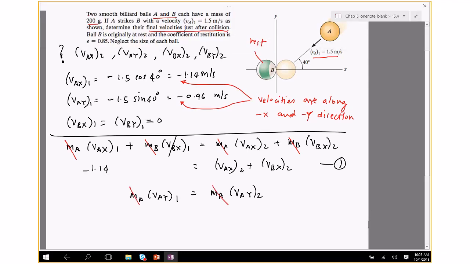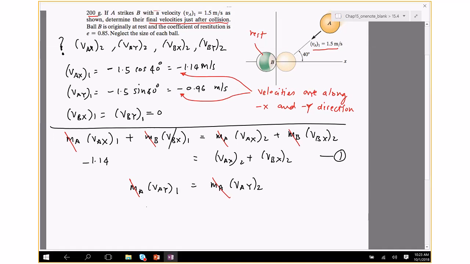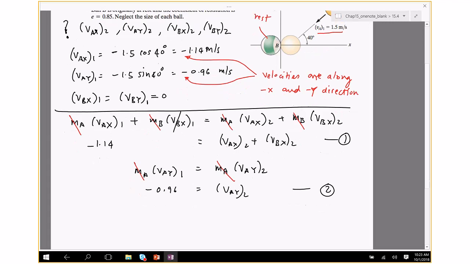So masses cancel off. We know the velocity of A in the y direction is minus 0.96, which equals VAY2. In fact, that equation we've already solved for the velocity of A in the y direction.